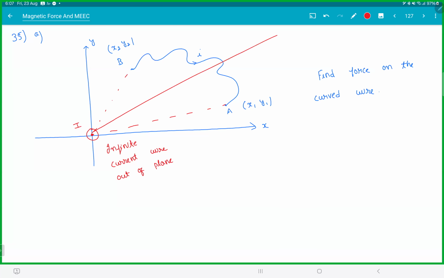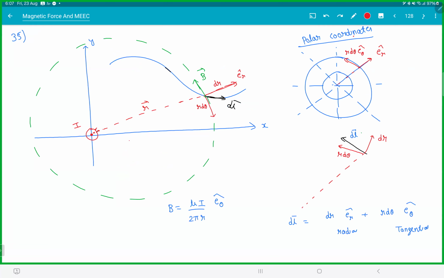So no, we have to take theta here only. B dl will be there. This is your dl. This is b. So it depends on how you're choosing your theta now. If you say this is theta, and 90 minus theta, you won't get the proper limits, it is changing everywhere. You have to choose it. That will be pretty messed up. That is why I didn't take that. I just kept it in polar coordinates.